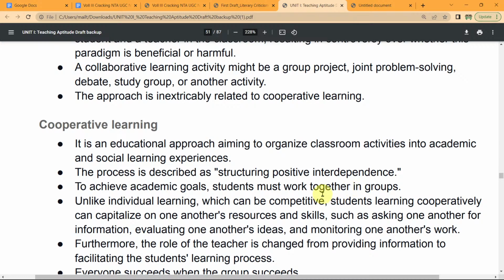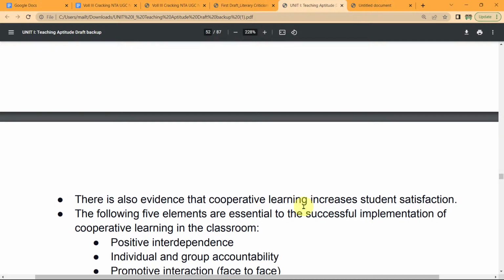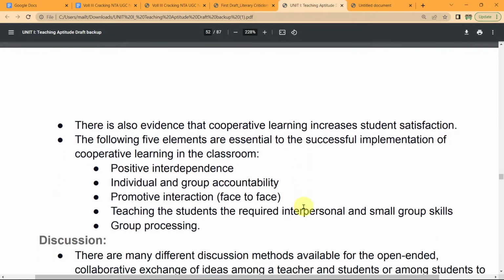So in cooperative learning, you form a group of more than one or two students, and you learn by working to achieve one particular academic goal. Some of the elements are given here: positive interdependency, individual and group accountability, promotive interaction, teaching students the required interpersonal and small group skills, and of course group processing.